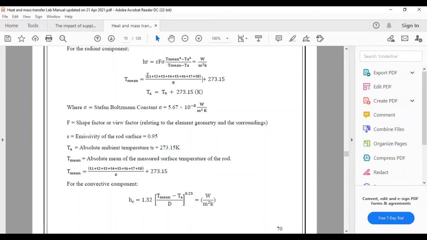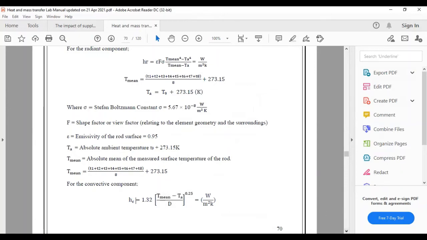So it is a total number of readings from temperature sensors, divided by the total number, plus 273 is just used to convert them into Kelvin. So we will get the value of this T mean. Ta, D is the diameter of rod that is given. So we will take their 0.25 as their power, and then we will multiply it by 1.32 and we will get this heat transfer coefficient due to convection.